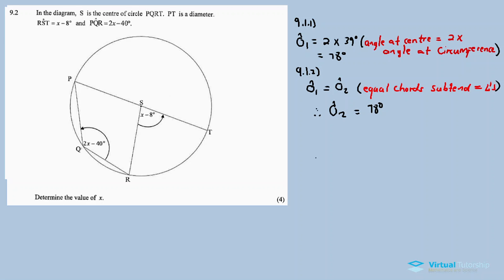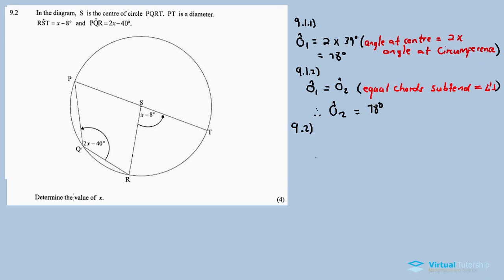Okay, now 9.2. I have two angles, angle PQR, this one, as well as PST, this one, and I'm about to determine the value of x.